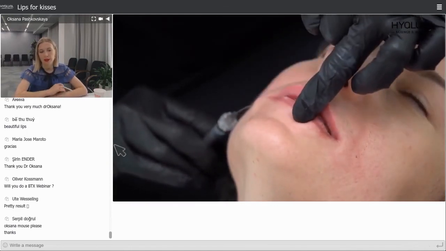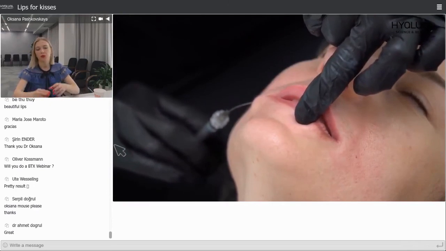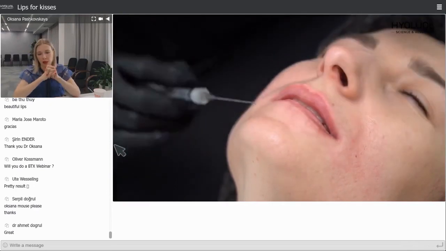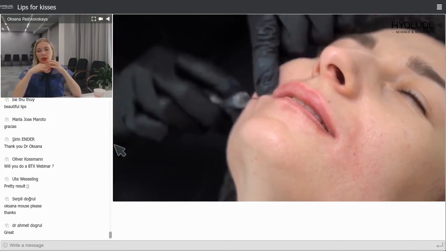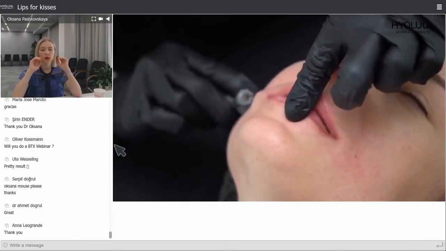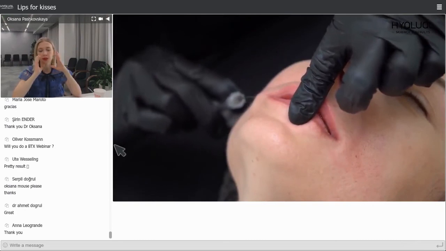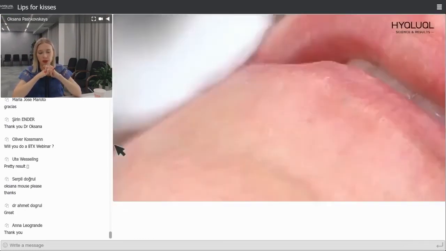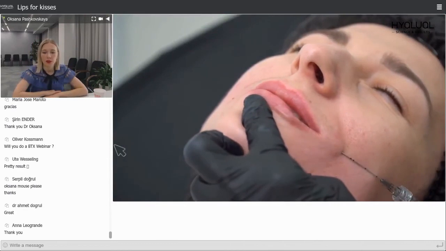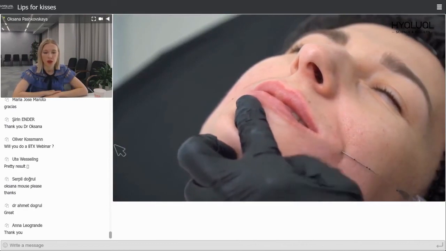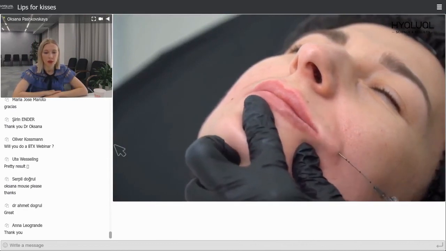So I did the most pronounced part of the work. I inject volume deep in the muscle. It could evert the lips, because that patient, Alessia, has really clamped lips. And you see also superficial and even in muscle.